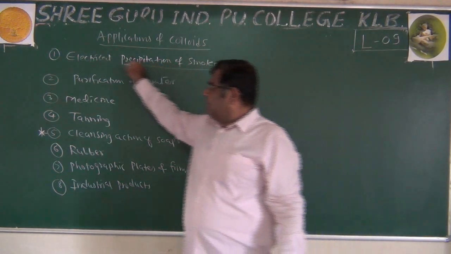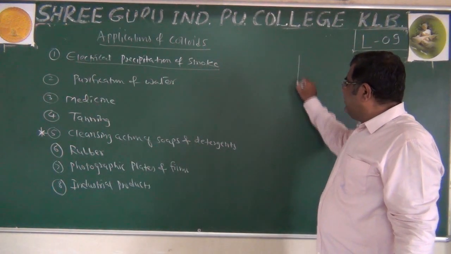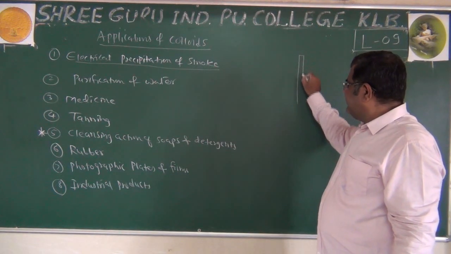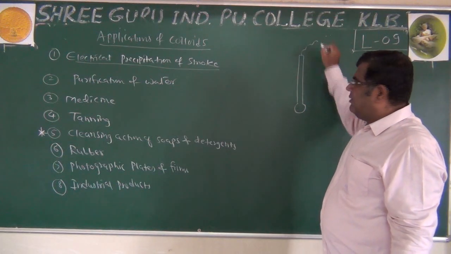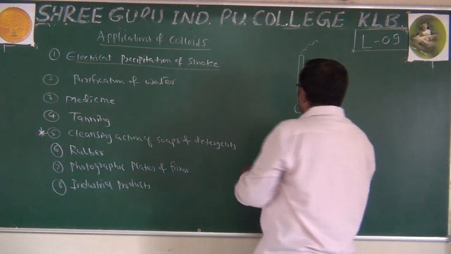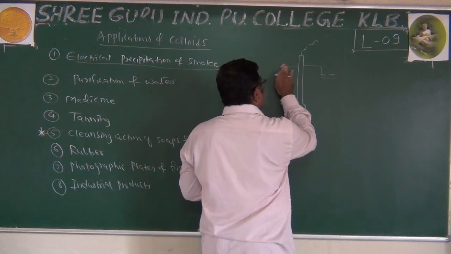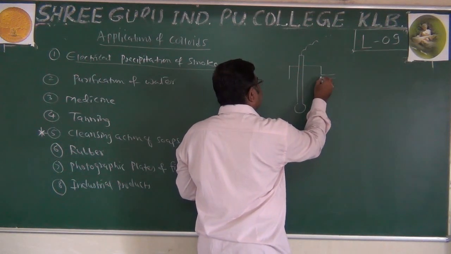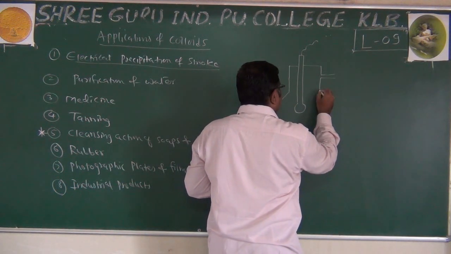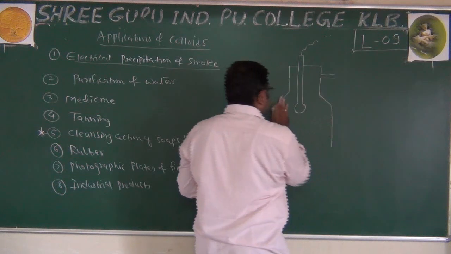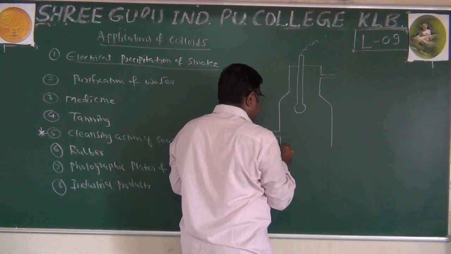In the first one, electrical precipitation of smoke, one diagram we have to understand. This is one electrode. Electric field is being applied here. This is one outlet. This is one inlet.